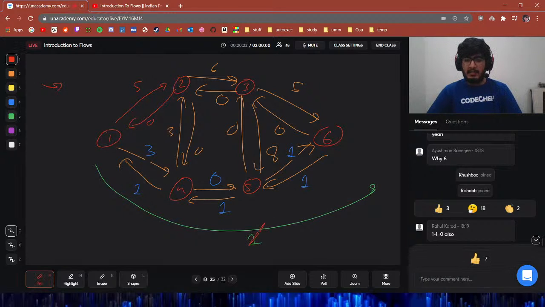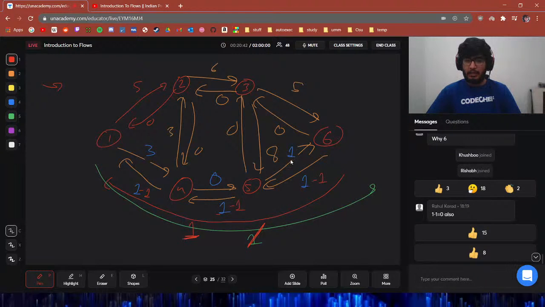To cancel this, I'm going to add another flow from 6 to 1. And to add that flow, because from 6 there is an edge of 1 here, an edge of 1 here, and an edge of 1 here, I'm going to subtract that by 1, which will give us 0, and I'm going to add 1 in the reverse edges, which is going to give the original graph, right?